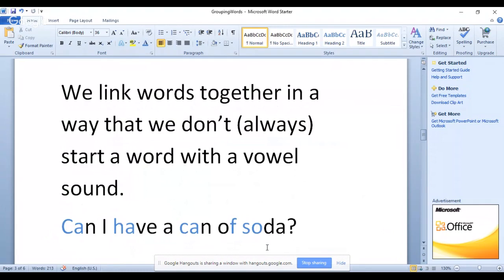I probably didn't do it perfectly, but the idea is that every time we say a new word, we're connecting it to the word before, which has a sound to it. Now, the word "have" ends in a vowel, but we don't pronounce this E sound here. So, can I have a.